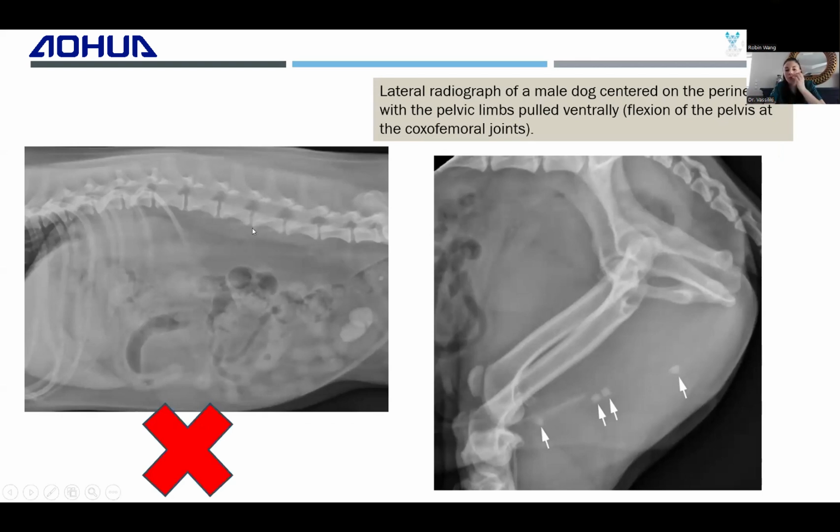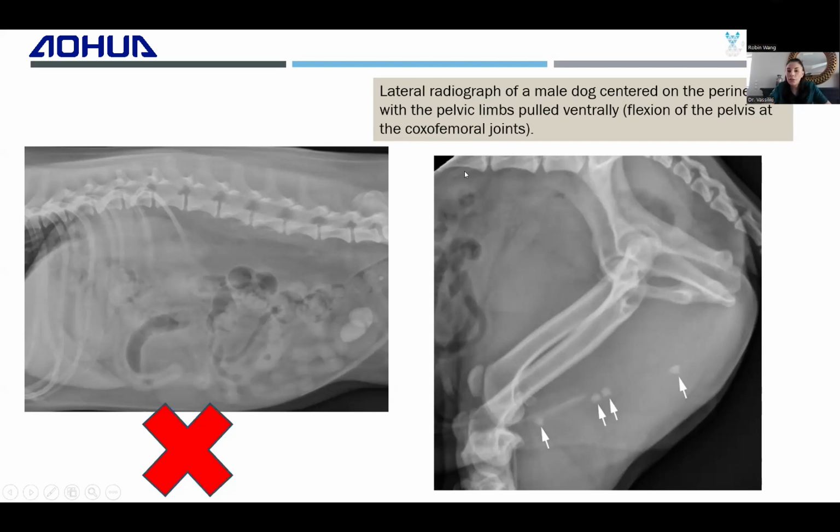Here, for example, you don't see any calculi, but if you take the correct radiograph, you will see these calculi that you would have missed, especially in the male dog, in the urethra. So always include your pelvis in your radiographic examination in order to avoid missing some uroliths, especially in the male dogs.